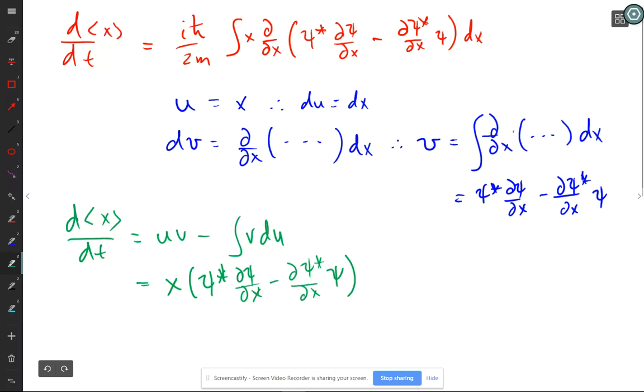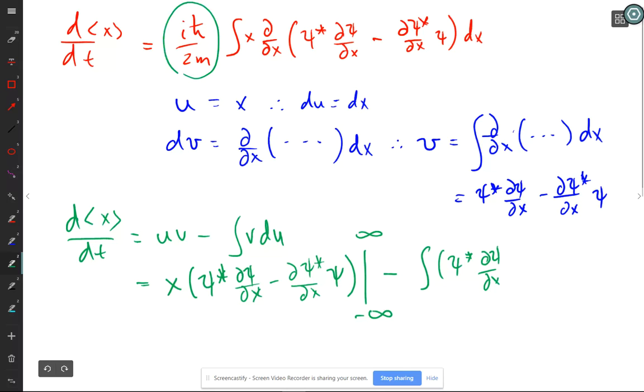And remember, there are actual limits. I haven't been writing the limits on this integral, but what are the limits for the integral? And then I'm going to have minus the integral of v du. Oh, crud.